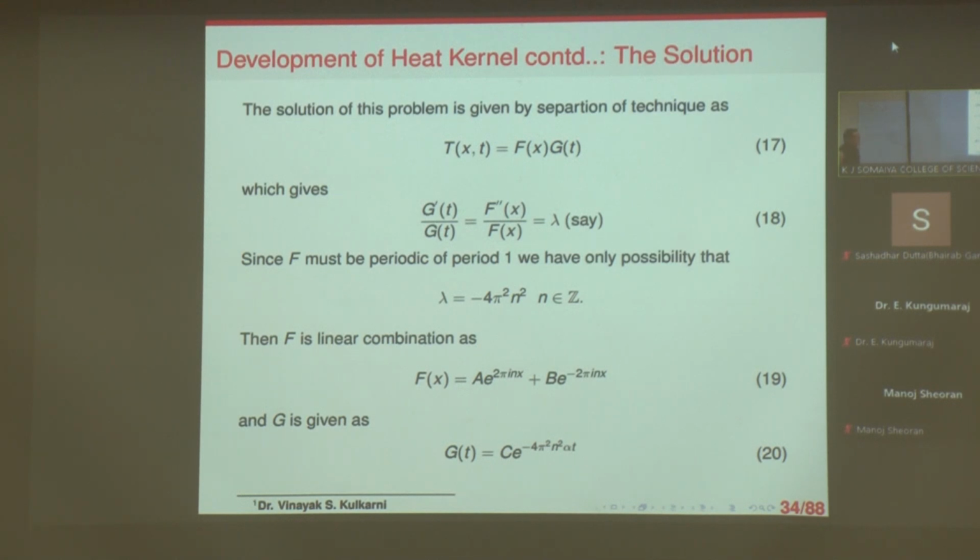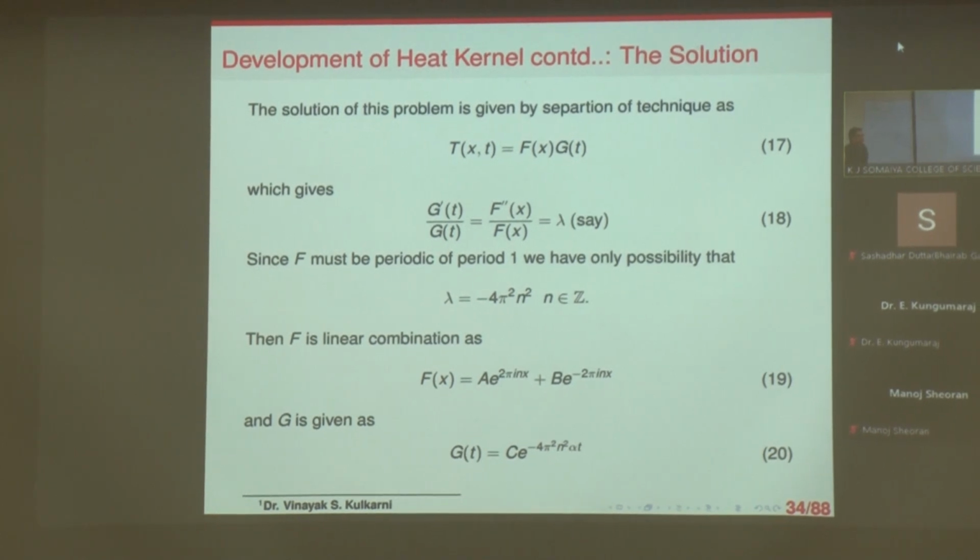That is, here, as you are aware that T is a function of space variable x and time variable t, and therefore by separation of variable I can write it as a product of some unknown function of x, that is F(x), and some unknown function of t, that is G(t), which is represented by equation 17. And by that separation of variable technique, I will substitute this value in equation number 16, the one-dimensional heat equation.